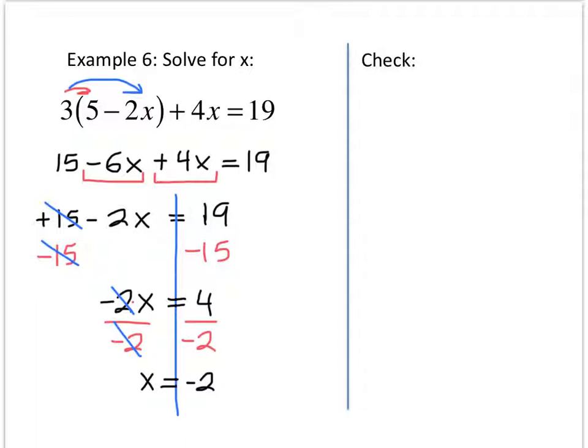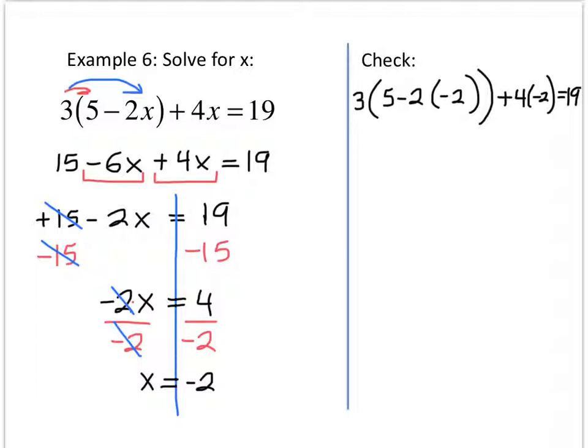So, now I can come over and check. I'm going to keep my original equation, 3 times 5 minus 2 times a negative 2 plus, and I should put another parenthesis there before we finish. So plus 4 times negative 2, and I'm hoping that this is going to equal 19. So let's see. I have to follow order of operations.